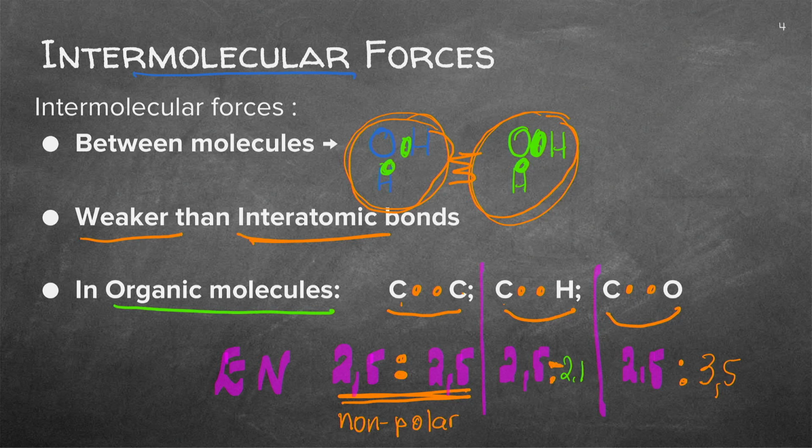This is not equally shared, so it's a little polar or dipole, but you can see that's not a huge difference. However, this side has a difference of 1. So this side will have the negative, or the 2 electrons more to the oxygen and less to the carbon, and this side will be positive.